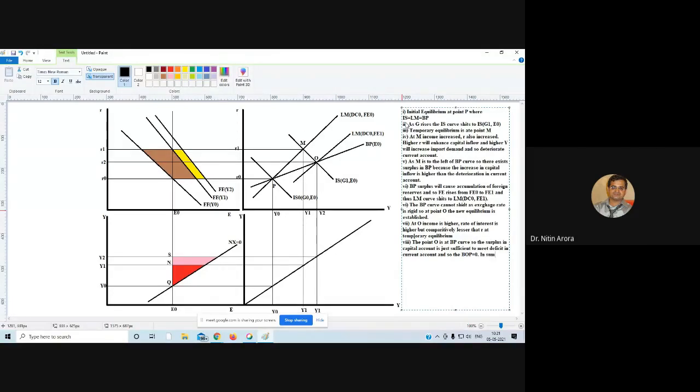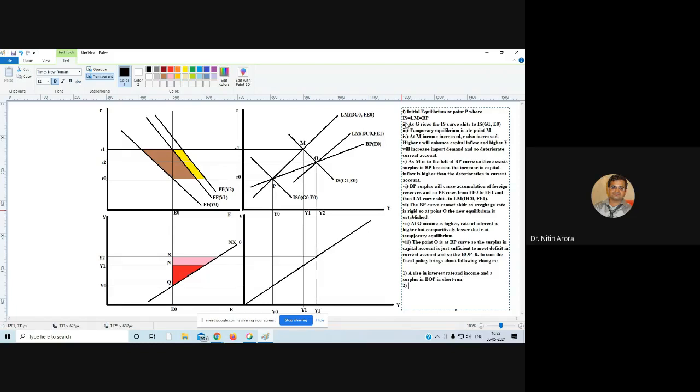In sum, the fiscal policy brings about the following changes. Number one, a rise in interest rate and income, and a surplus in BOP in short run.